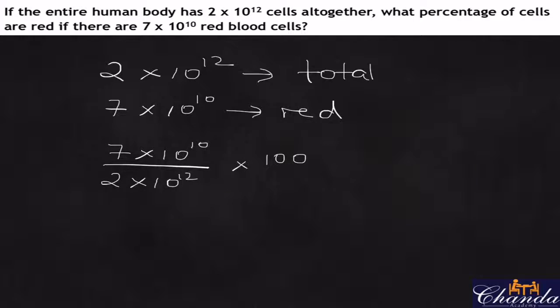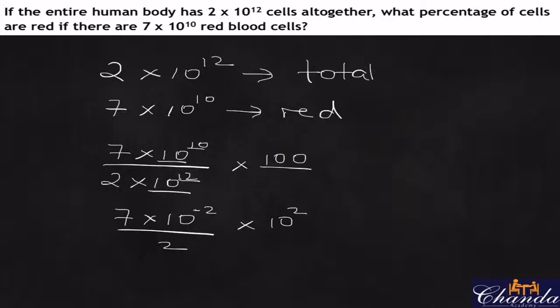Now, using our knowledge of the second index law, we know that 10 to the power of 10 divided by 10 to the power of 12 simply gives us 7 times 10 to the power of negative 2, because 10 minus 12 gives us negative 2, leaving us 2 at the bottom, and then times by 10 to the power of 2 in this case, because 100, as we know, is simply 10 squared.